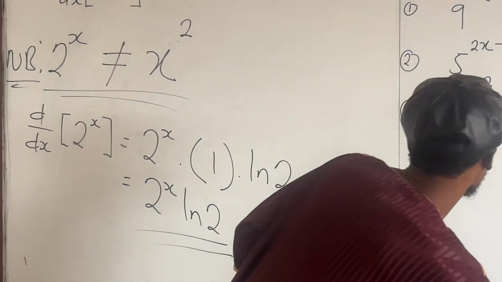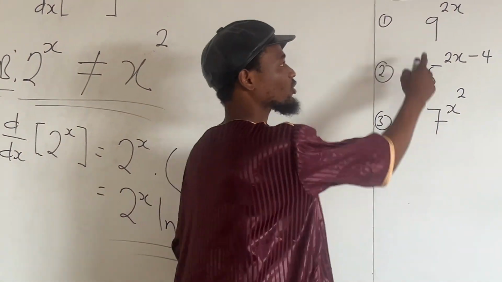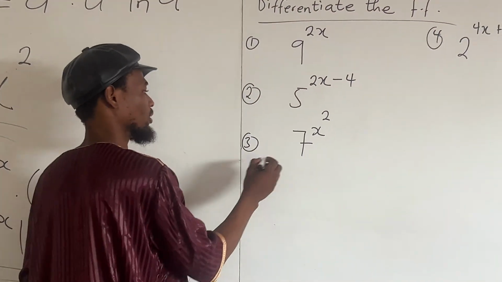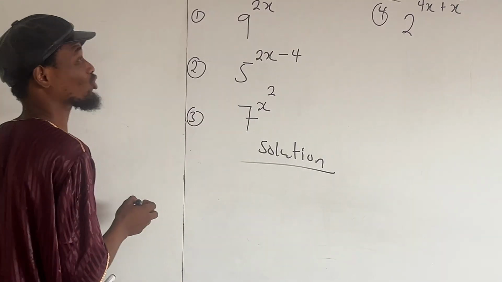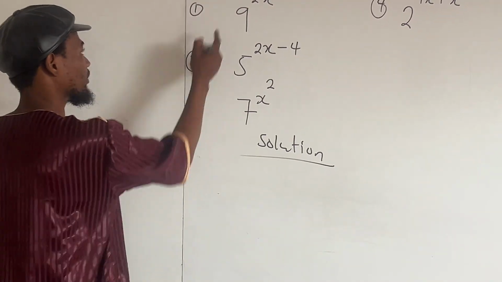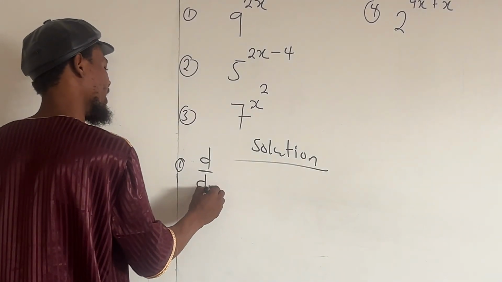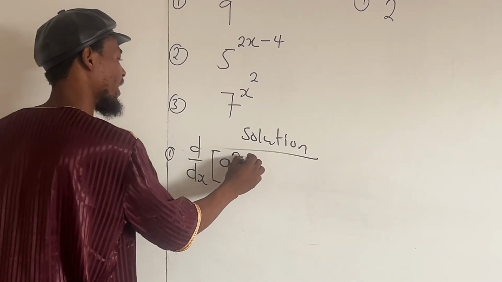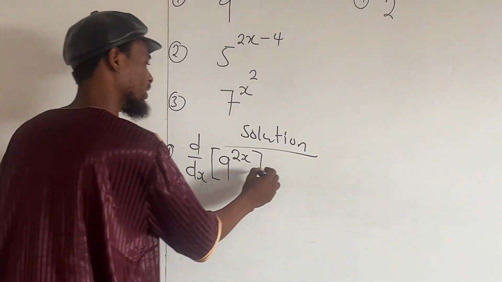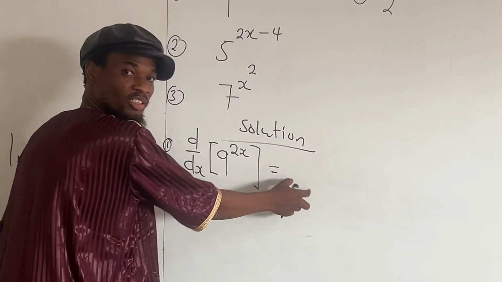Let's consider this. It said differentiate the following with respect to x. Number one, I have d over dx of 9 to the power 2x. This is equal to, copy and paste, rewrite it.